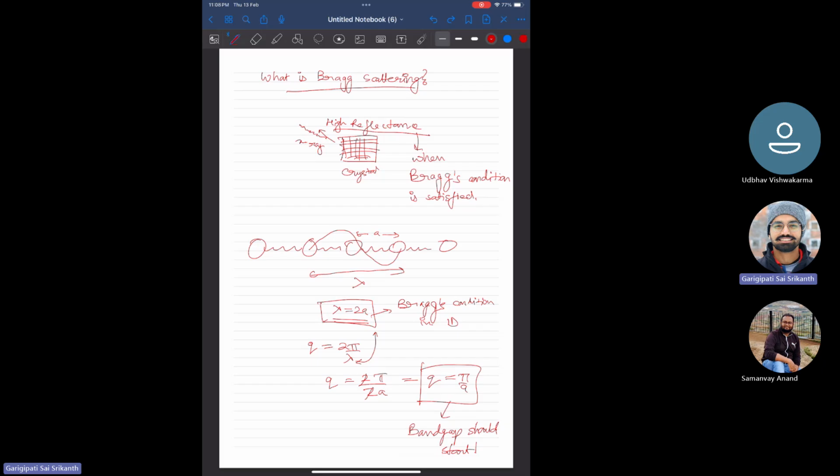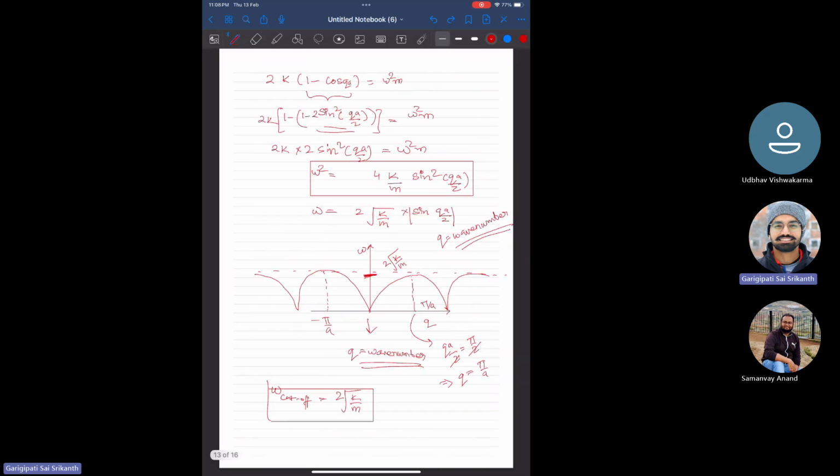And Bragg scattering ensures that at q equal to pi by a, a band gap starts. Beyond that, essentially the same pattern continues. So we just need to look at this much area.